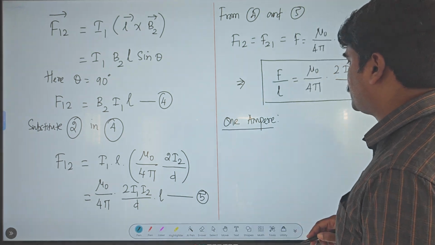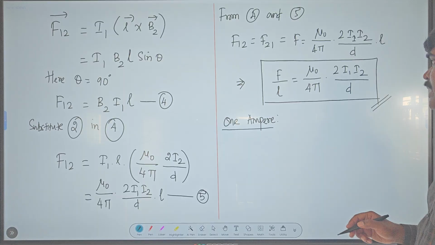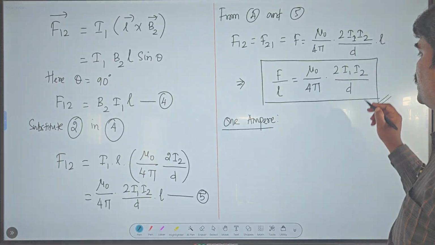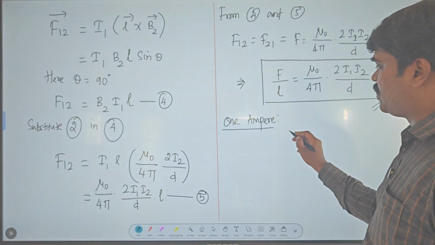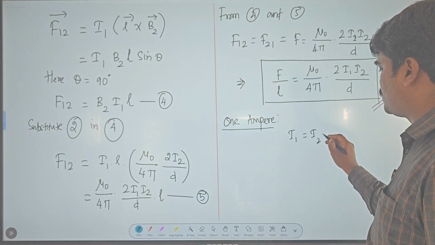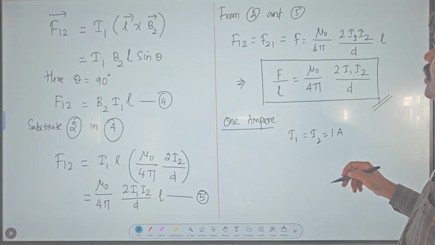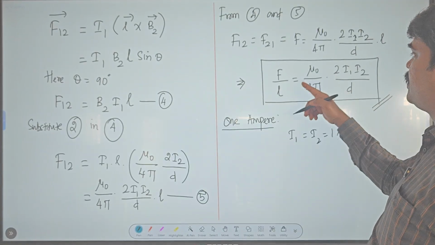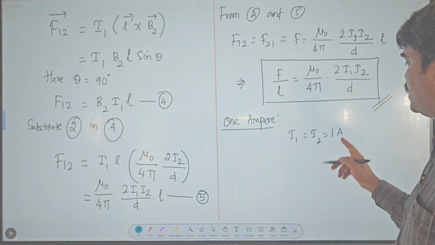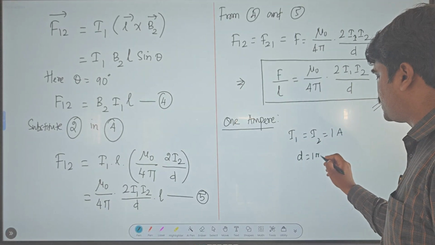I always suggest this way of defining, in a very simplified form. So 1 ampere I am going to take, which means I1 and I2 both have to be 1 ampere. Whatever I am writing here, you should not write in your answer. Now for the force per unit length, we need to take the distance as 1 meter.